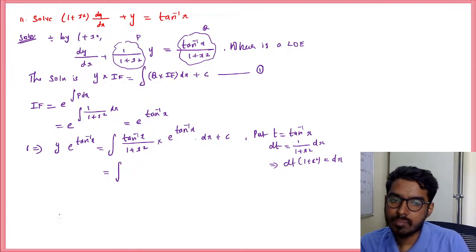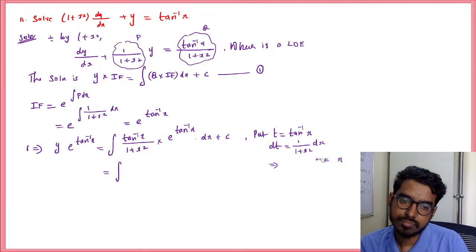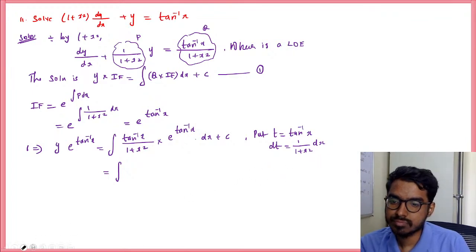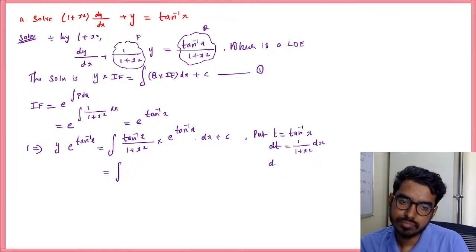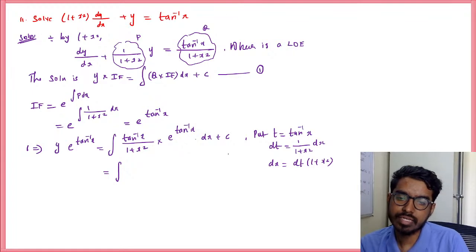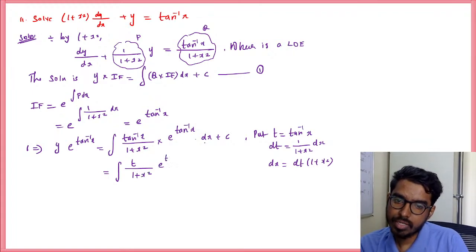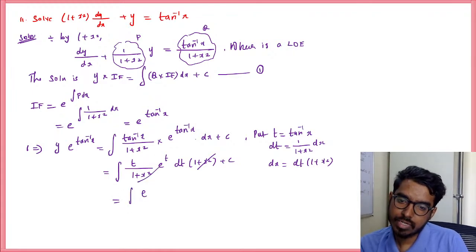So dx is dt into 1 plus x square. So t is tan inverse of x divided by 1 plus x square, e power t, and dx is dt into 1 plus x square. These two will get cancelled. So we have the integration of t e power t dt.